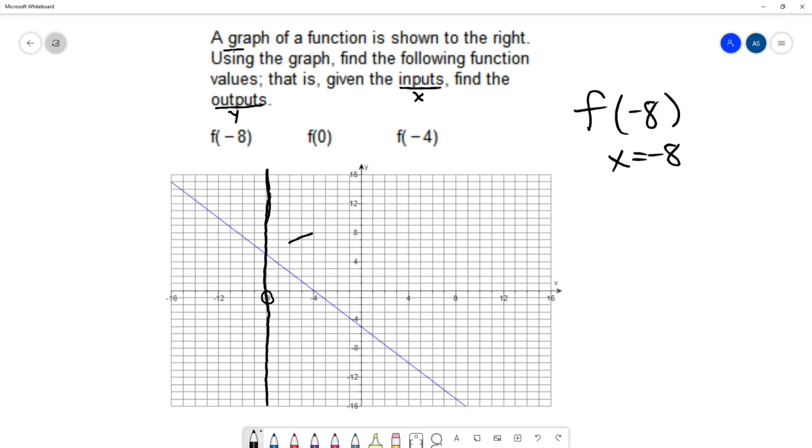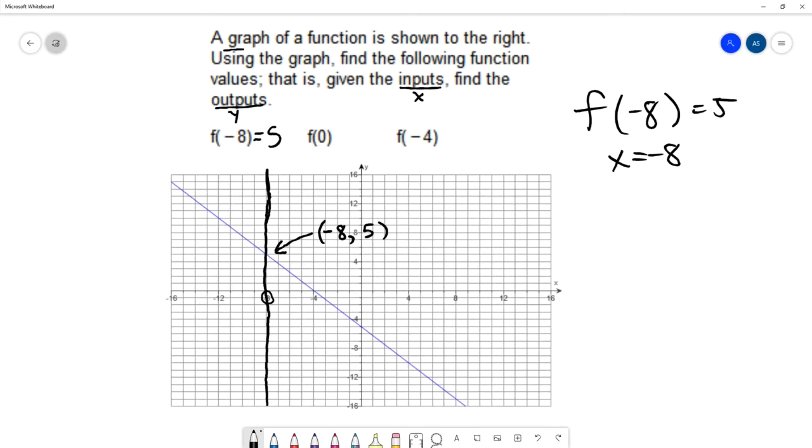We're specifically looking for the ordered pair that's on the line. So it's going to have an x of -8, and some y-coordinate. Let's see what that y-coordinate is. That y-coordinate is 5. So we have the ordered pair negative 8, 5 that's on the line. So that means that our output for this is 5.